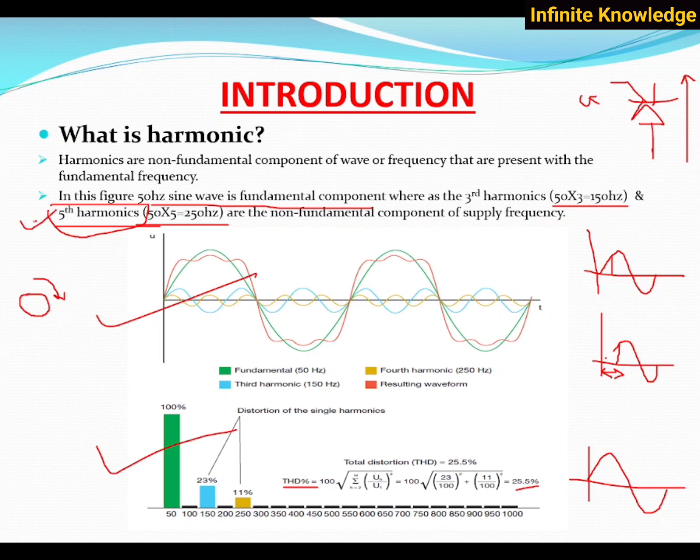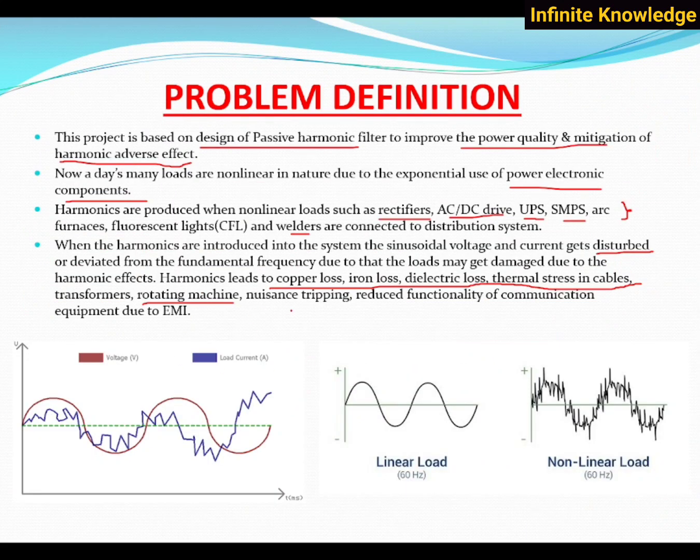That's why you have to clear the fifth harmonic in the system if there are harmonics. Nuisance tripping, malicious tripping, and unnecessary tripping are also one major reason of the harmonics.